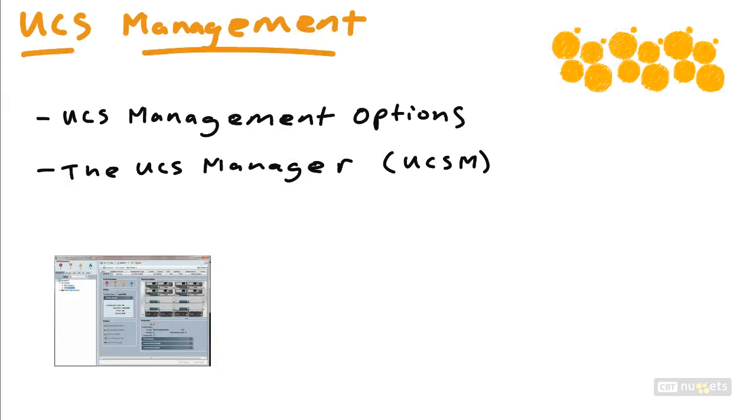So we had two main areas in this particular nugget, didn't we? We took a look at the very many management options that exist for our UCS system. We kind of thought about those now in two different ways. Primary methods of management versus non-primary methods of management.